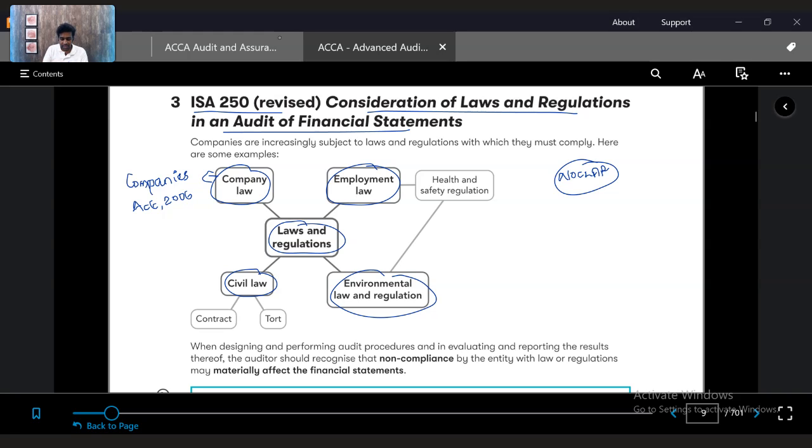The others relate majorly to the operational aspects, like how they conduct the business and what rules and regulations they have to follow to conduct the business, etc. Civil law talks about contracts: there are specific conditions or criteria that are to be met for a contract. If they enter into a contract, they are supposed to fulfill it. If not, they are not following the civil law.